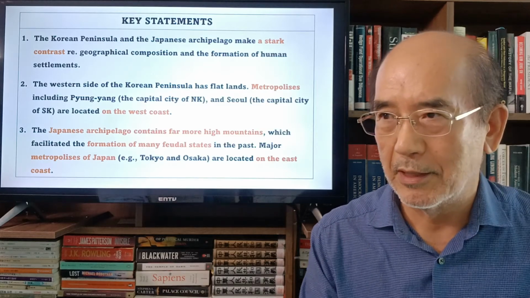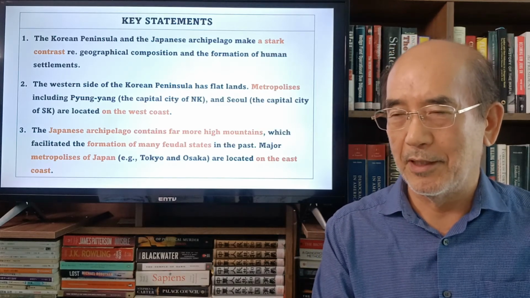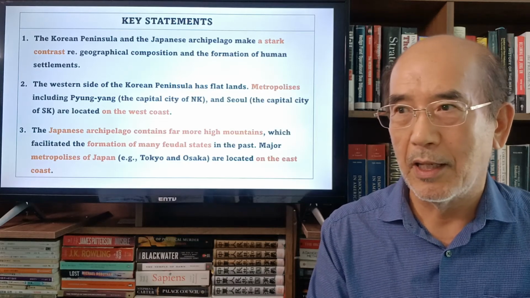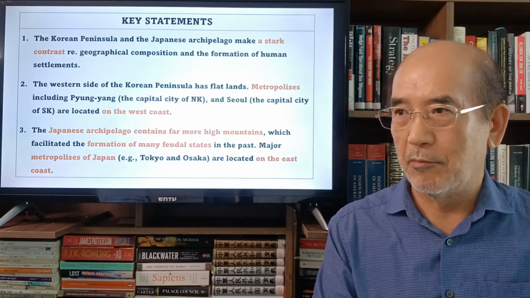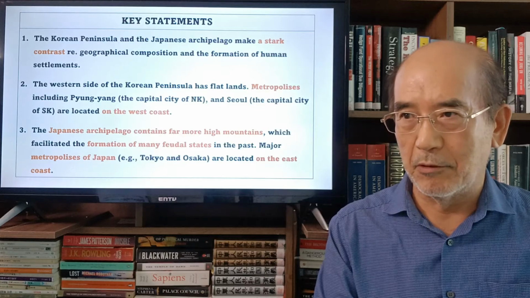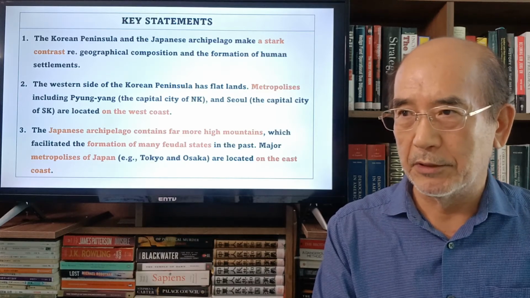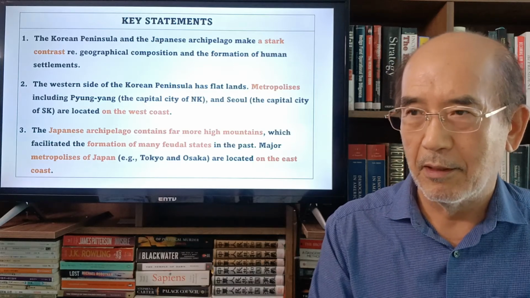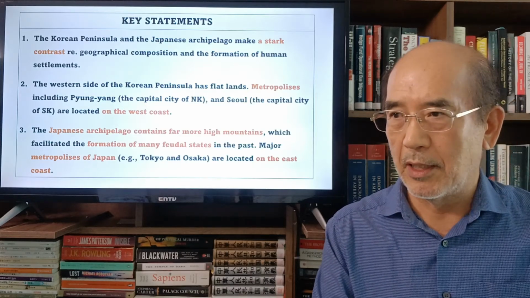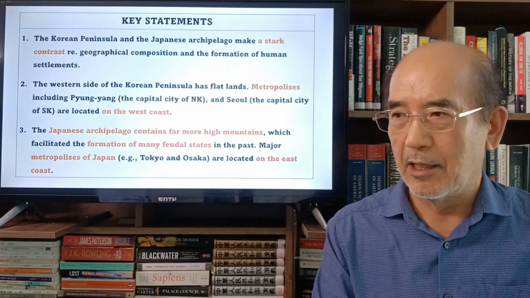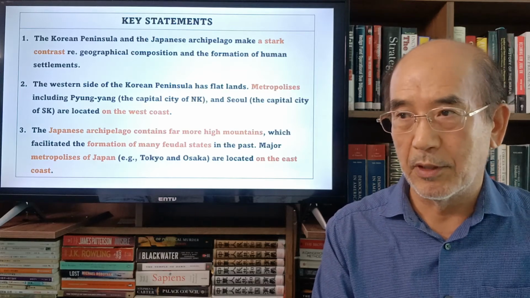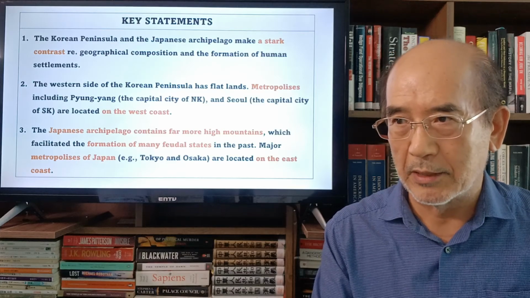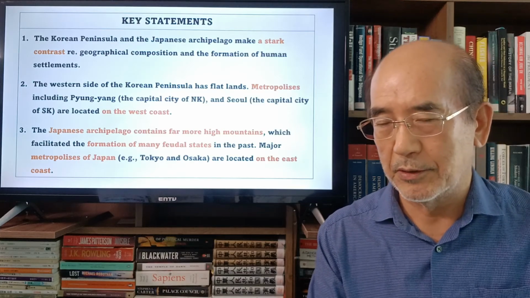Well, let's summarize in three statements today's session. The Korean Peninsula and the Japanese Archipelago make a really stark contrast regarding geographical composition and the formation of human settlements. The western side of the Korean Peninsula has flat lands, and metropolises including Pyongyang of North Korea and Seoul of South Korea are located on the west coast.